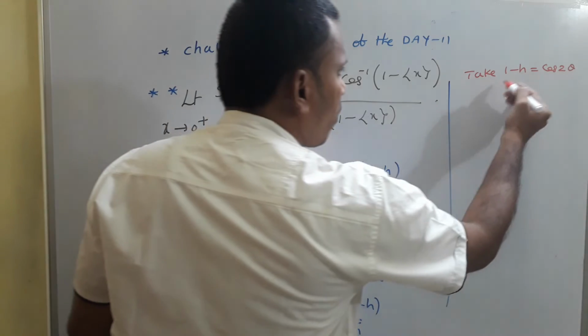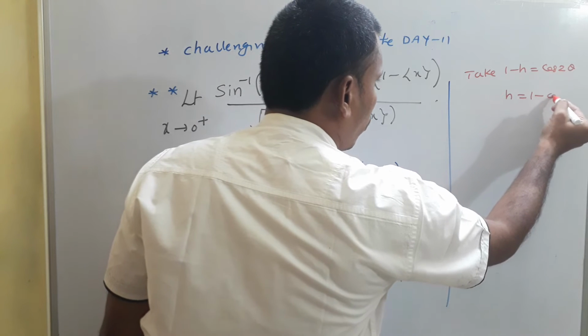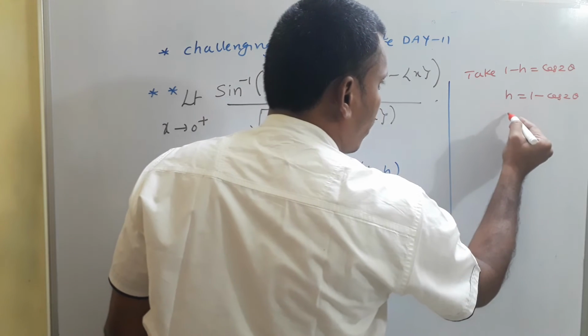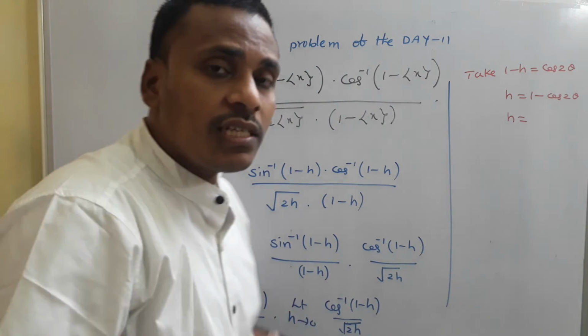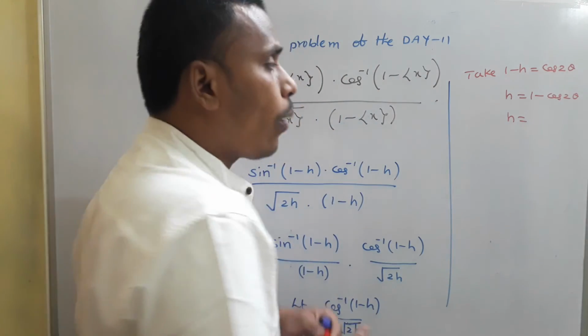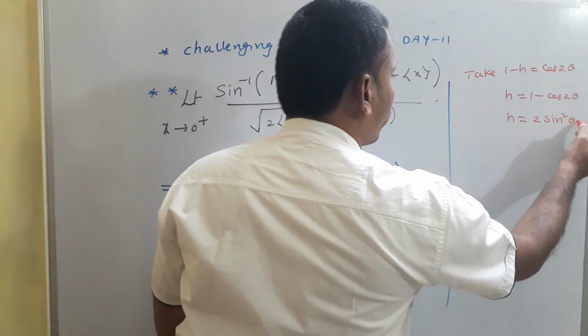Okay. If 1 minus h is cos 2 theta, then what you say about h? H is equals to 1 minus cos 2 theta. And by the trigonometry formula, 1 minus cos 2 theta is simply nothing but 2 sin square theta. Okay.